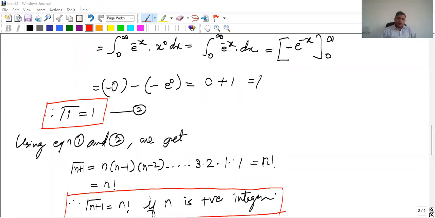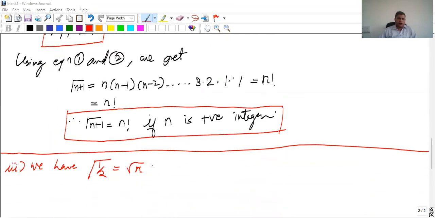Again, this property of gamma function, that gamma half is equal to root pi, we accept it right now as it is. We will prove it after understanding the beta function. After understanding beta function, the proof of this becomes very easy to understand. Now, sir, is that under root pi? Yes.